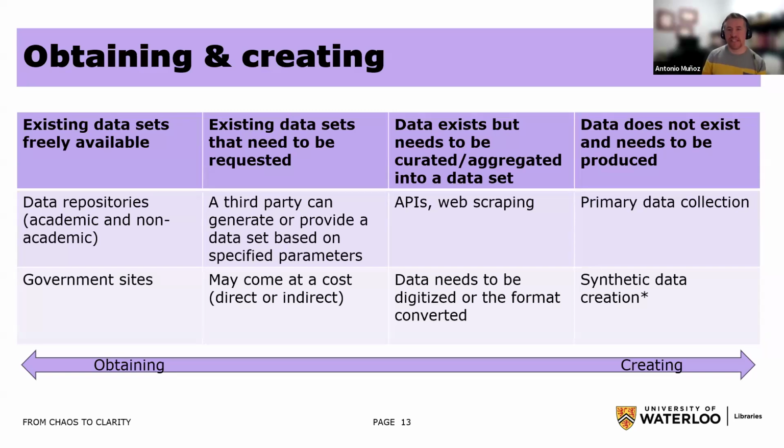And then last but not least, primary data collection, and or synthetic data creation, as in our example. Now, I put an asterisk on synthetic data because in a very strict definition of synthetic data, that data should actually mirror the characteristics of the original data set.